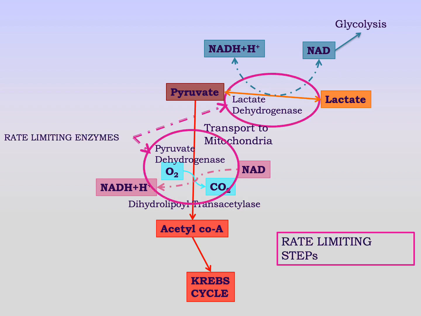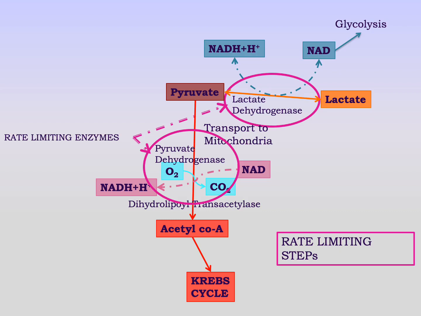We have the rate limiting step here, which is the amount of pyruvate being formed and the level of oxygen available to the cell. And so we have two key enzymes coming into play here: LDH, lactate dehydrogenase, and PDH, pyruvate dehydrogenase.